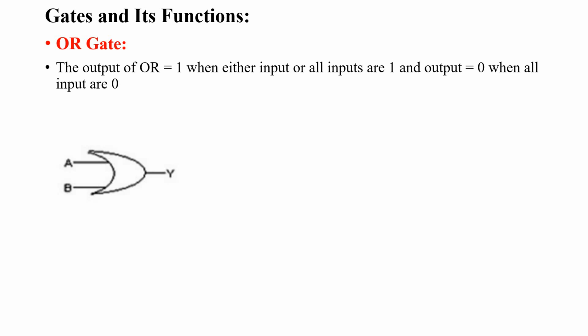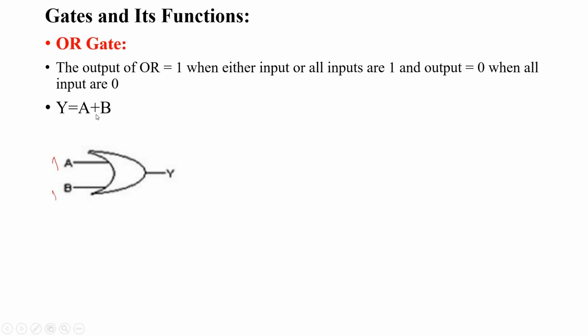If you want the output Y equal to 1, then either this should be equal to 1 or this should be equal to 1. Then and only then will output Y be 1. It can be represented in the format of the Boolean equation Y is equal to A plus B.